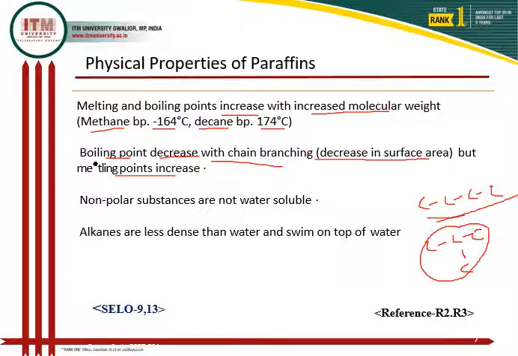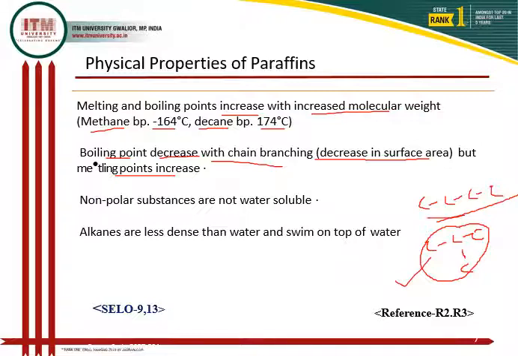So you can say the more easily arranged the atoms are, the closer and more easily stacked. That more easily stacking is possible in the straight chain hydrocarbons. So that's why the melting point increases. Clear what is the reason?